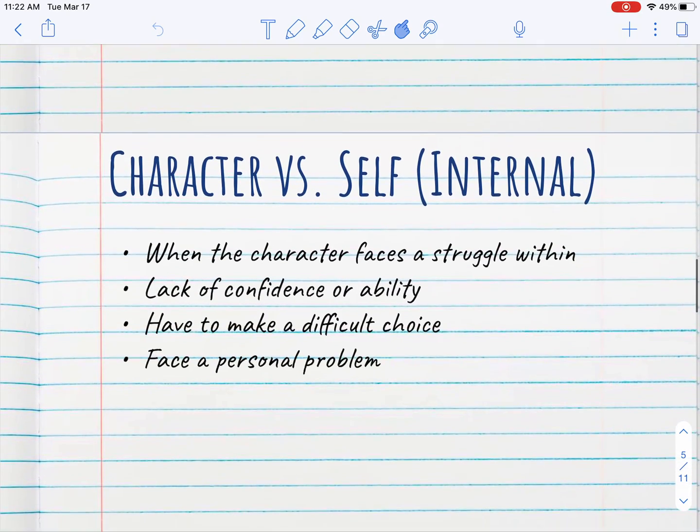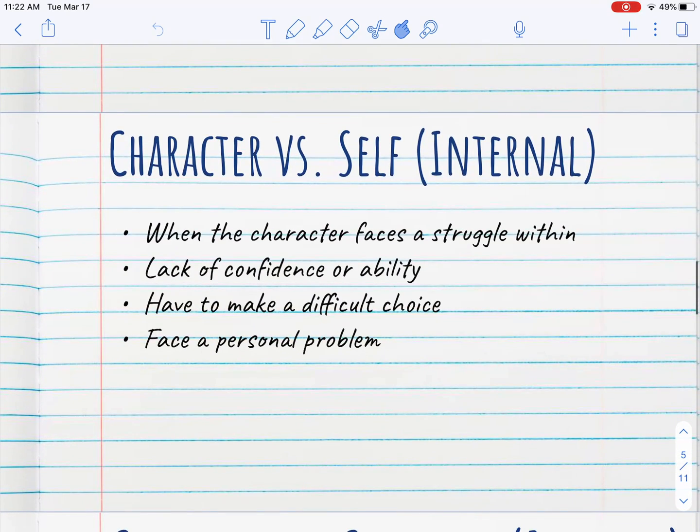So, character versus self, when the character faces a struggle within. So maybe they're not confident in doing something, or maybe they have to make a really difficult choice. We're going to see a lot of those difficult choices in historical fiction book clubs. I know the I Survived the Battle of Gettysburg book opens with a very difficult choice with Bertie and Thomas fleeing from the plantation and trying to escape slavery.